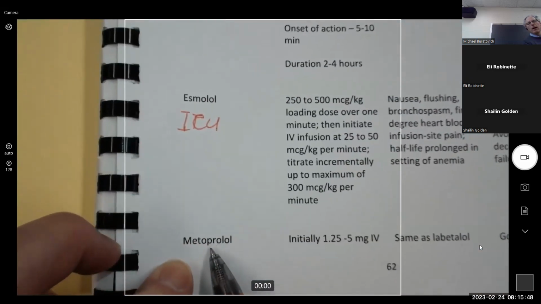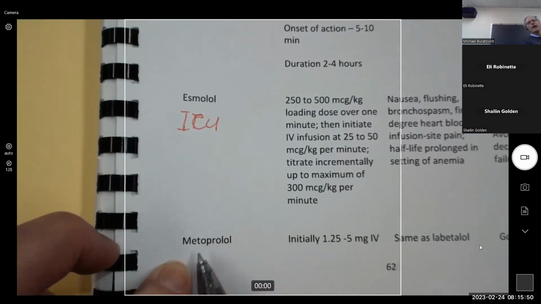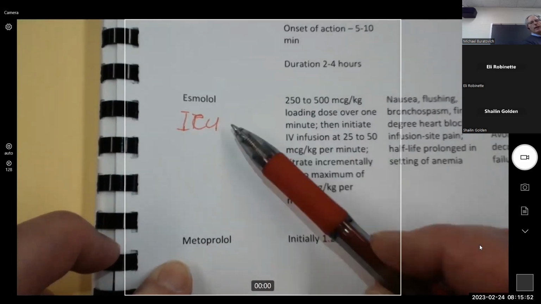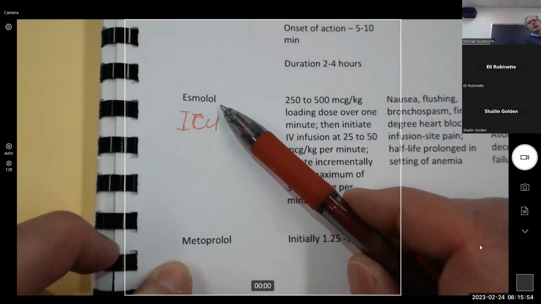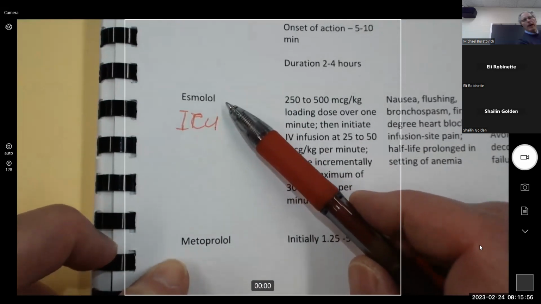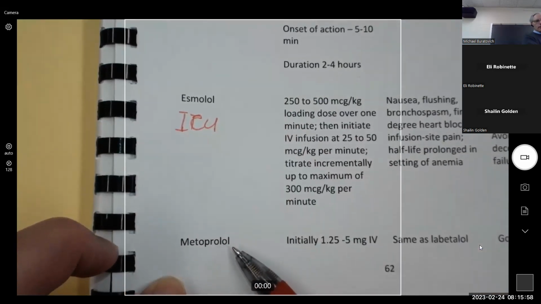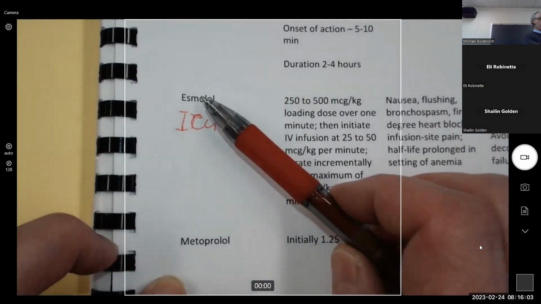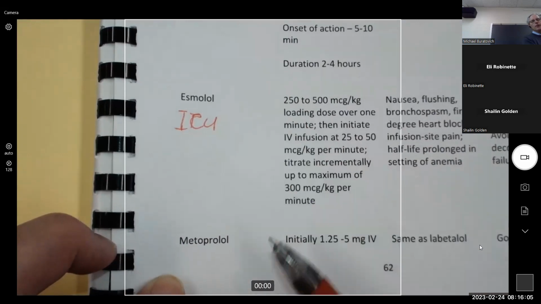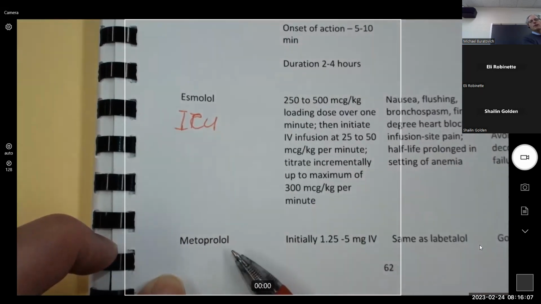Metoprolol is another beta blocker. This has a longer half-life. So if you need something that works fast in the ICU, esmolol is your man. Metoprolol, if you want something that will last longer, say after the esmolol wears off, then you can give metoprolol essentially to make sure that the blood pressure stays good.